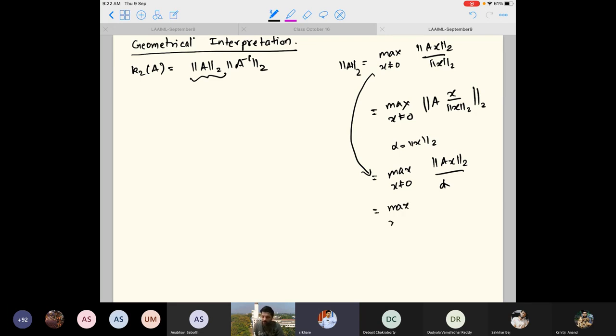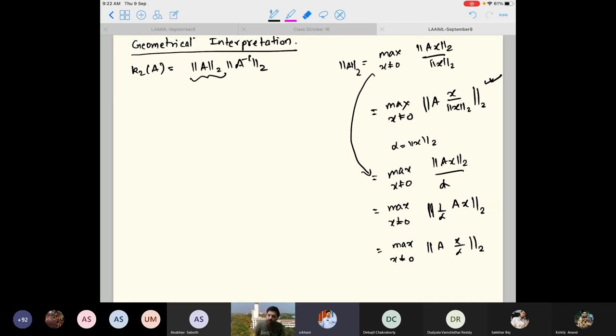So the maximum over X not equal to 0 of the norm of 1 by alpha Ax. And A is a linear transformation, so I can write this as A X by alpha, and that is what I have written here.